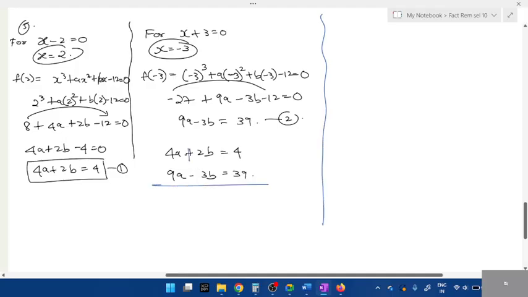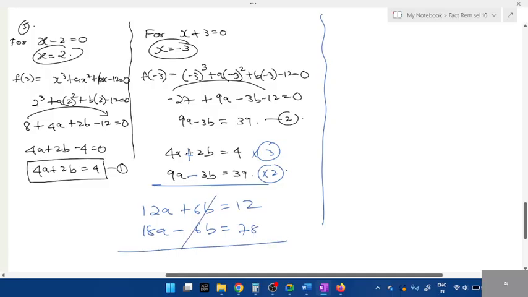Which one shall we eliminate? Shall we eliminate B? Yes, okay. Multiply by 3 here and by 2 here. So 3 fours are 12, and 13 into 2 is 26.